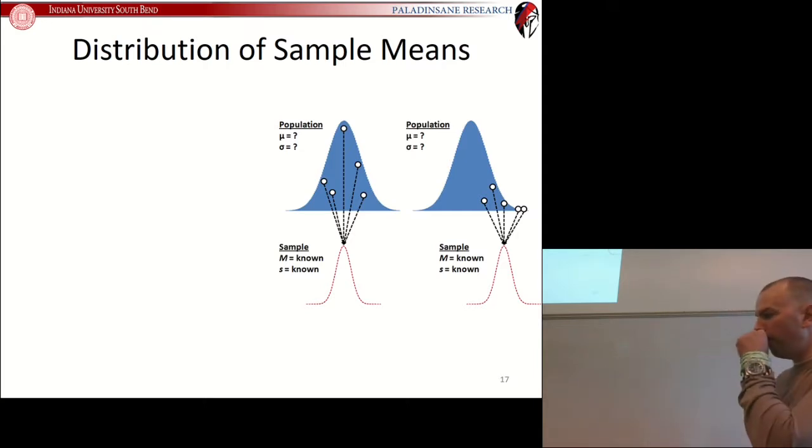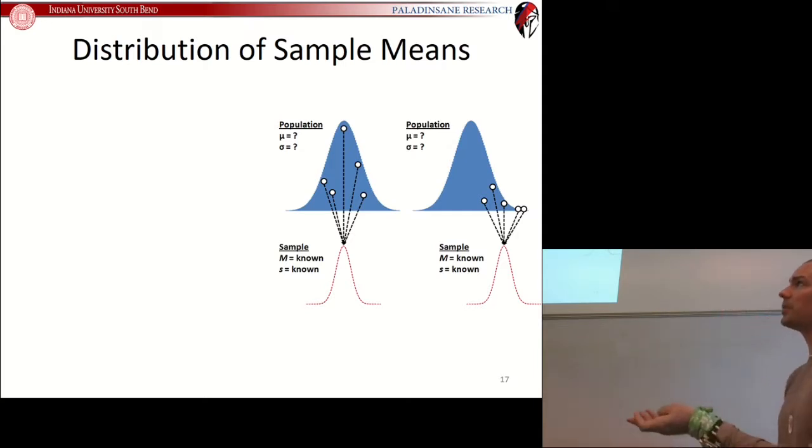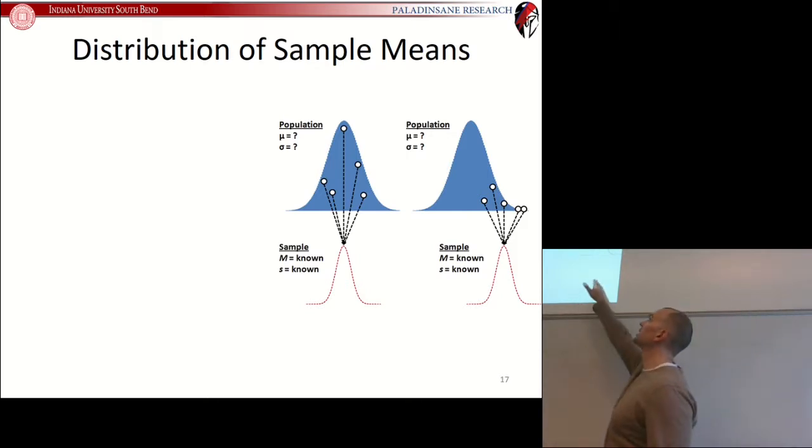So we don't know where the sample came from, but we do know certain things about the types of samples that can come from a population. And we do know that a sample such as this one over here is much more likely to occur than a sample like this one over here from the extremes. So there's way more people in the center of a population that's normally distributed that you can take a sample from, and there's way fewer people in the tails of a population.